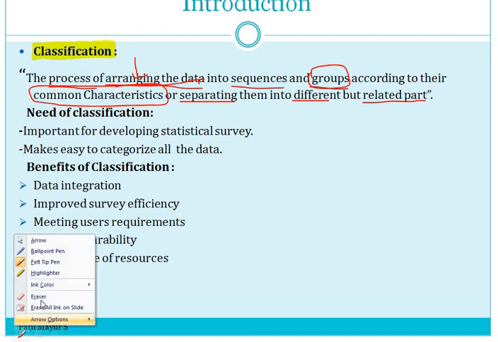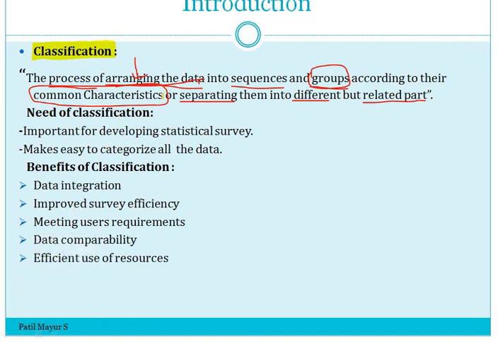We have to arrange data into groups according to their common characteristics, or separate them into different but related parts. That is the definition of classification.